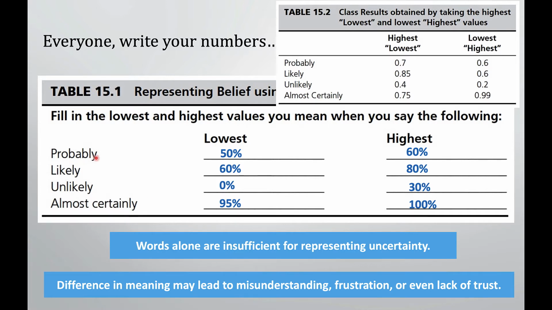Okay. So what do we want to do? When I describe how likely I believe an event is going to happen, I would avoid using these words. Rather, I would assign a probability to precisely express my belief about the chance the event is going to happen.